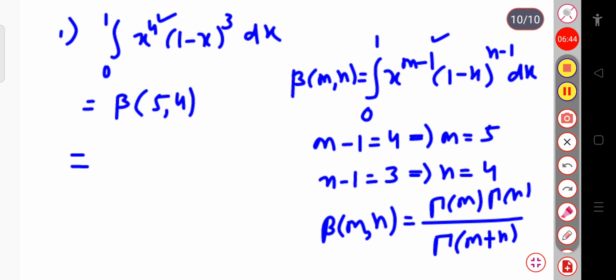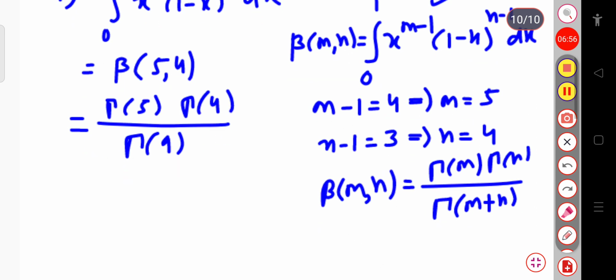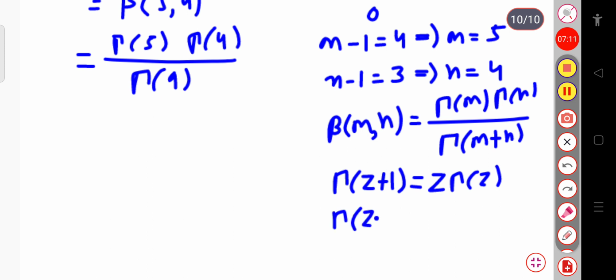Now for this, I can write gamma of 5 into gamma of 4 divided by gamma of 5 plus 4, that is gamma of 9. And in the previous lecture we have already discussed that gamma of z plus 1 is equal to z gamma z, and also gamma of z plus 1 is equal to z factorial.